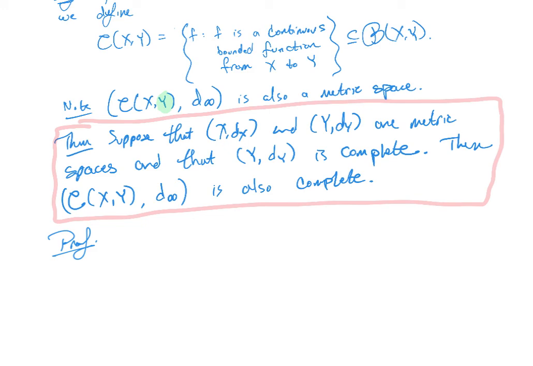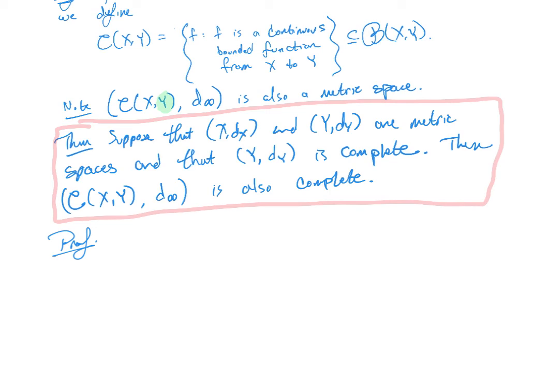Now, unfortunately, we're not going to have time to do the whole proof here. Let me point out that part of this is going back to the result from Monday, that if you have a sequence of continuous functions and it converges uniformly, then the uniform limit is also continuous.